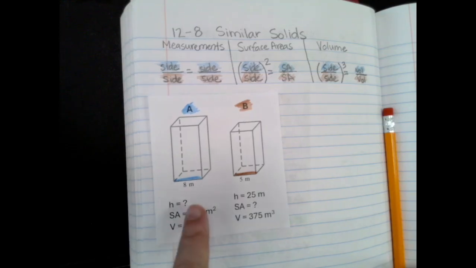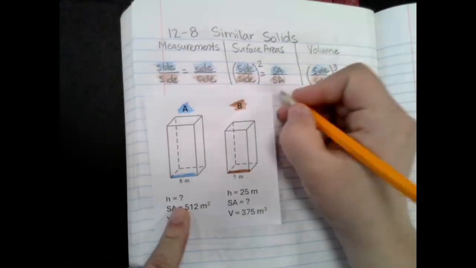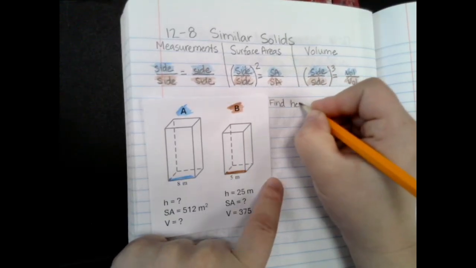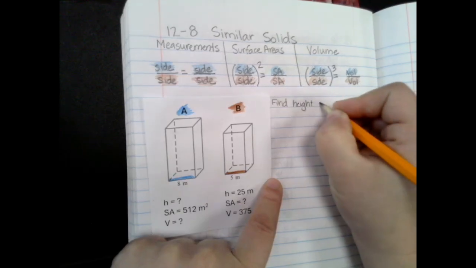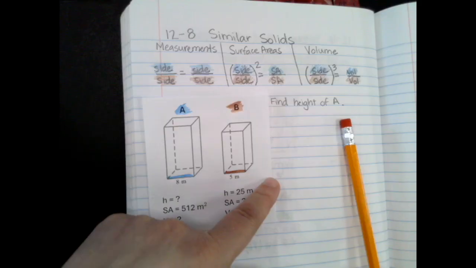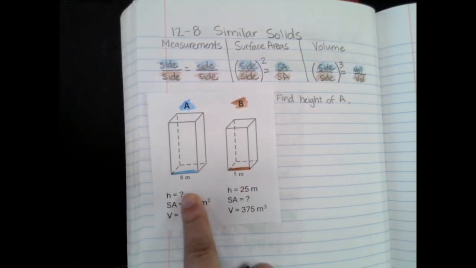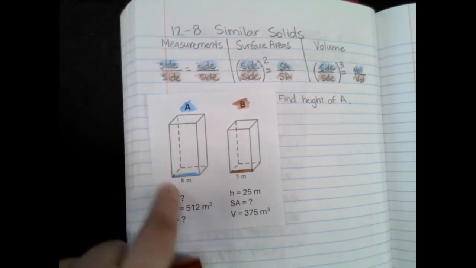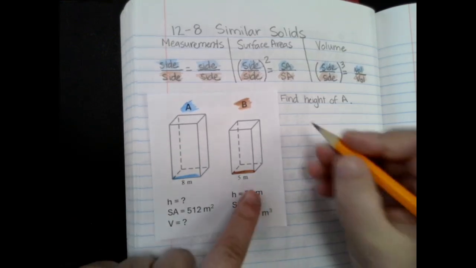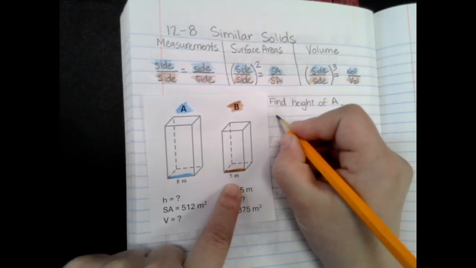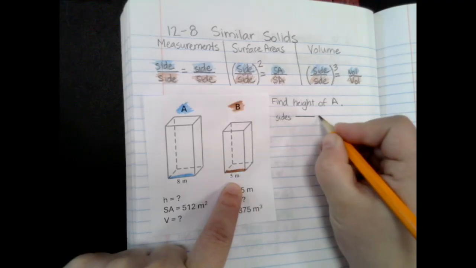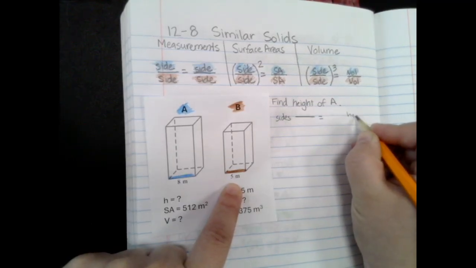So first we're going to find the height of A. Okay, so as I look at A, because I have part of A is missing, I want A to be in the numerator. So on one part of here, I'm going to have my sides. And on the other side is where my height is going to be.